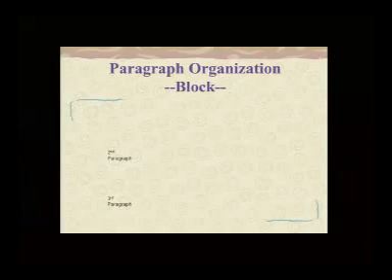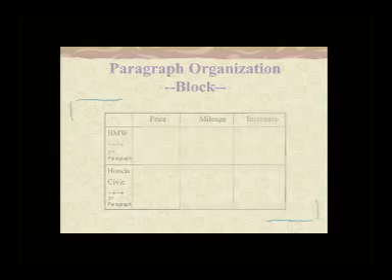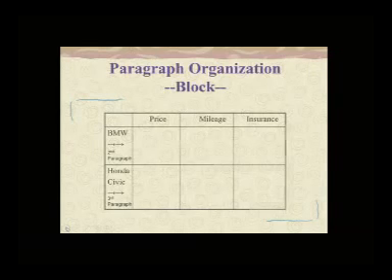So this is how it looks, and you actually have a graphic organizer that I gave you that's in the form of a table. Right here in this box right up here, in the box above BMW, that's on the same level as price and mileage and insurance, write subject, S-U-B-J-E-C-T, so you know that that's what goes in that column is the subject.